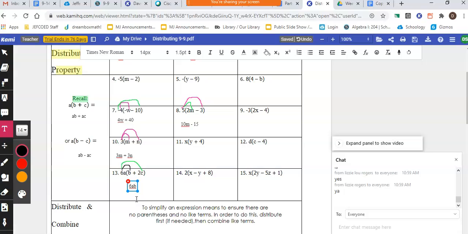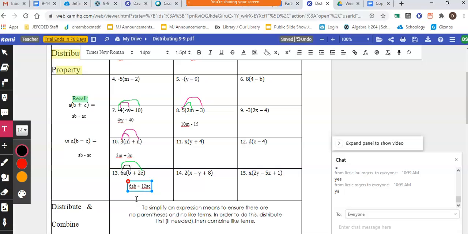You guys should remember that anytime you've got 2 variables next to each other, or even next to a constant term, it just means multiply. So we should have 6ab there. And then 6a times the 2c. We know that 6 times 2 is 12, and then we're still going to multiply that times the a and times the c there. So it should not be too difficult there either.